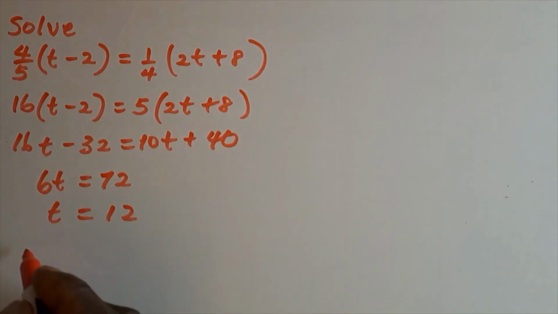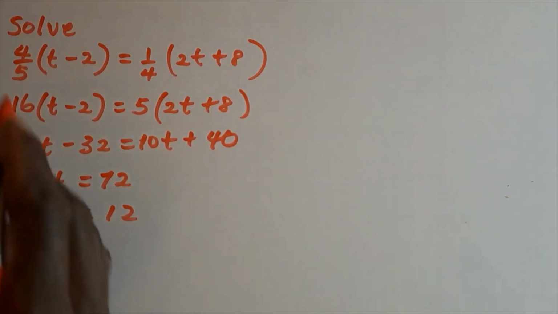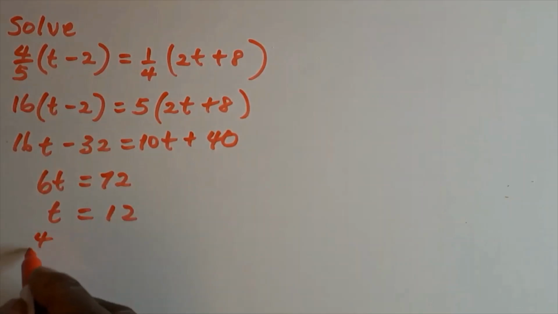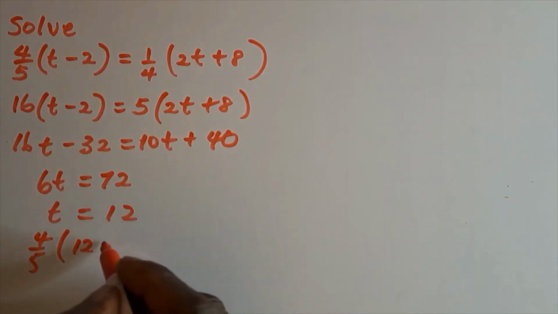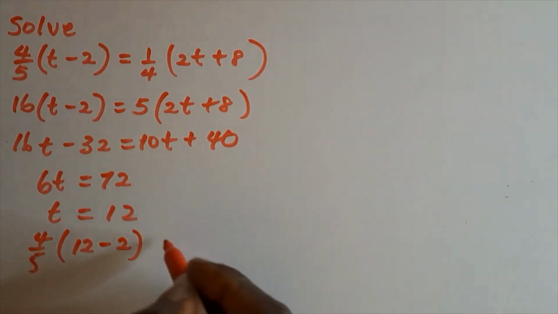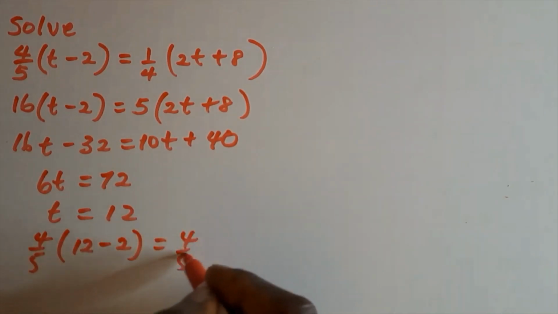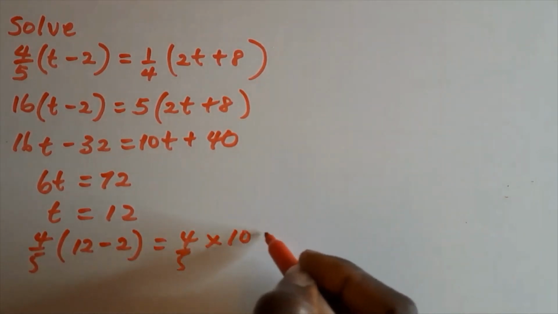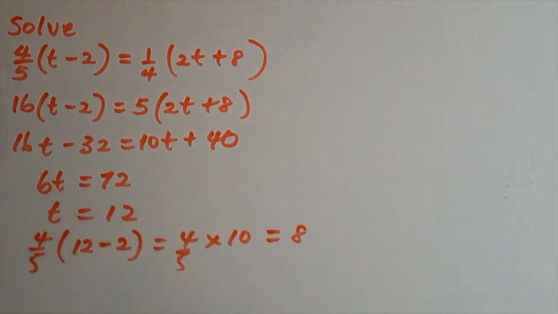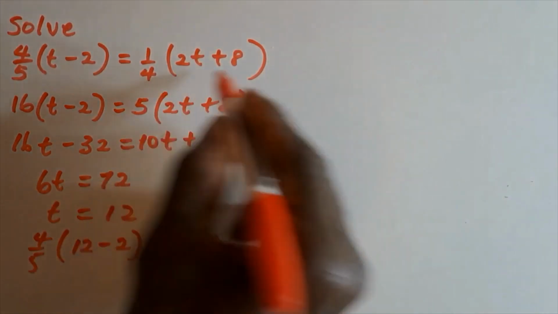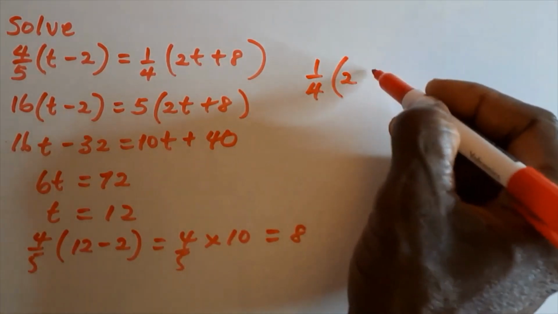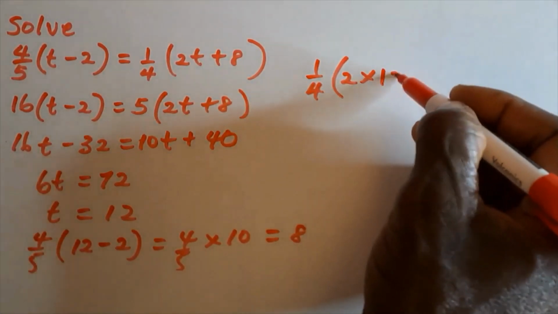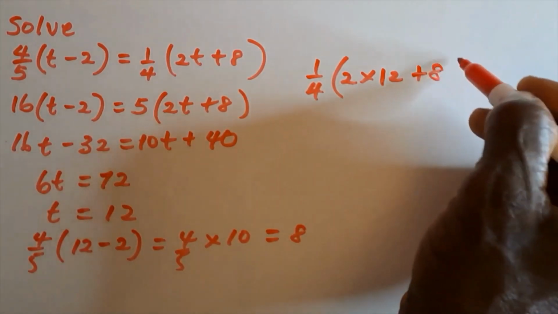We start with, we check the left hand side. We have 4 over 5 and t is 12 minus 2. That's 4 over 5 times 10, which is 8. If we do the right hand side, a quarter, it's 2 times t, which is 12, add 8.